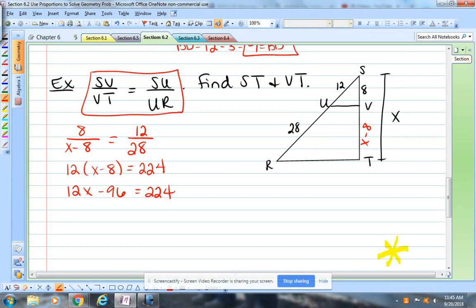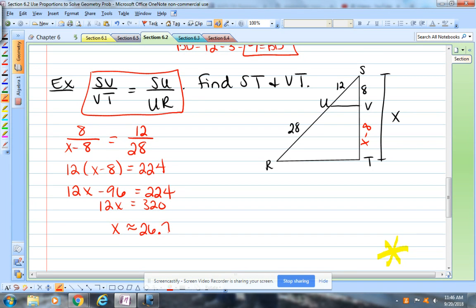Then I add my 96, and I get 12x equals 320. And I divide that by 12, and I'm getting that the length of x is approximately 26.7. It's 26 and 2/3 to be exact.